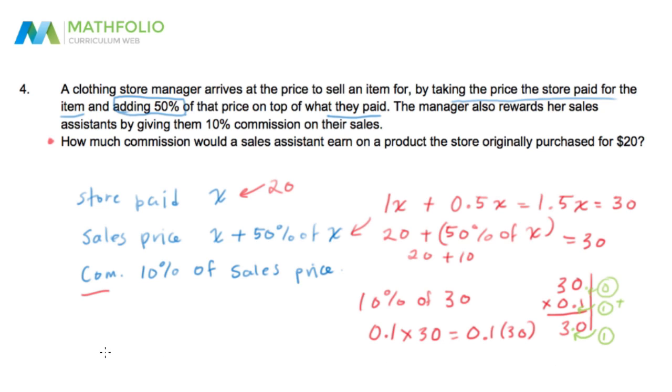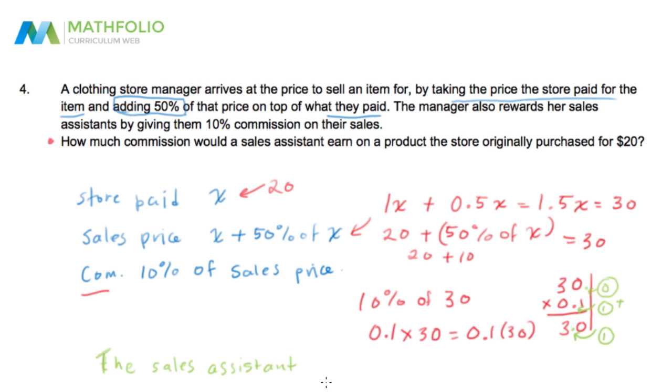So we should say, capital T, we should say the sales assistant, and writing your answer as a sentence really shows that you understand the question and what it's asking, and also it helps you spot mistakes.